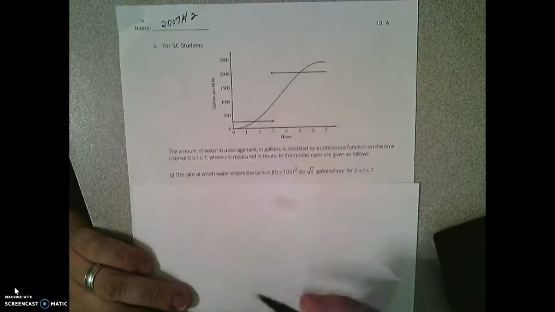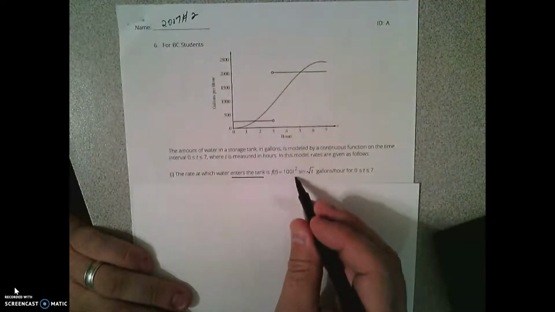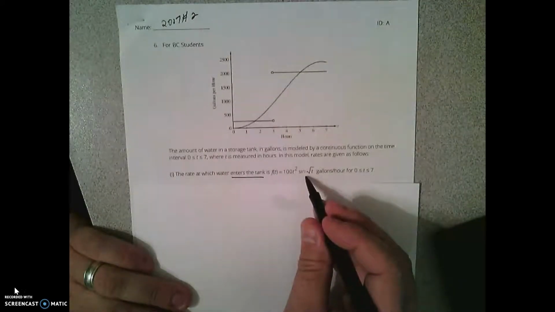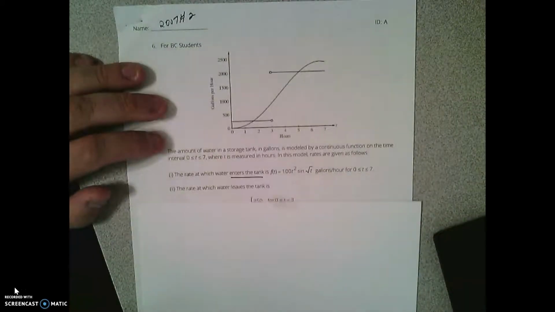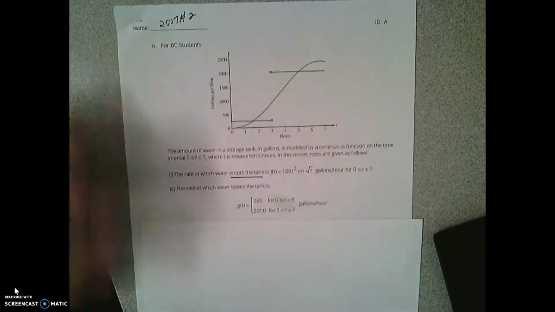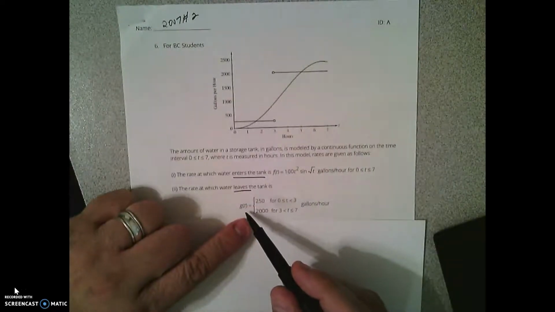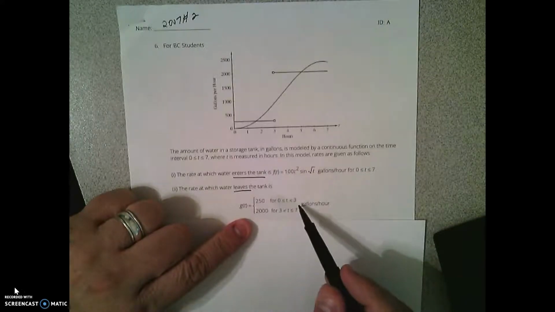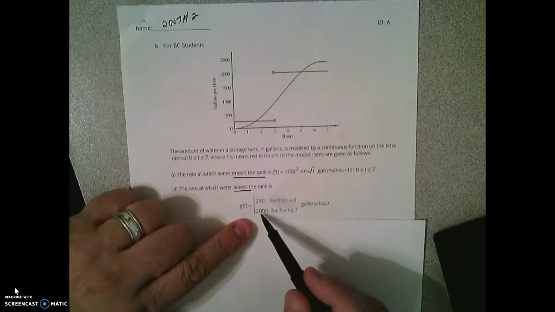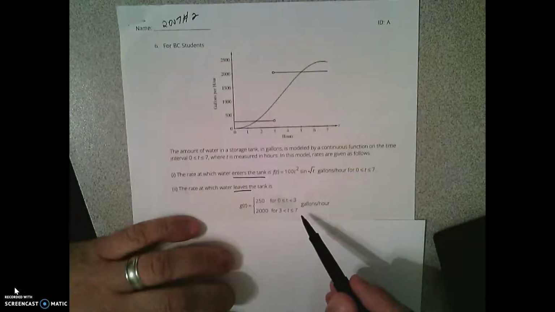The rate at which water enters the tank is given by f(t) = 100t² sin(√t) gallons per hour on the time interval 0 to 7. The rate at which water leaves the tank is given by this piecewise function: g(t) is equal to 250 for the time interval 0 ≤ t < 3, and 2000 for the time interval 3 ≤ t ≤ 7.